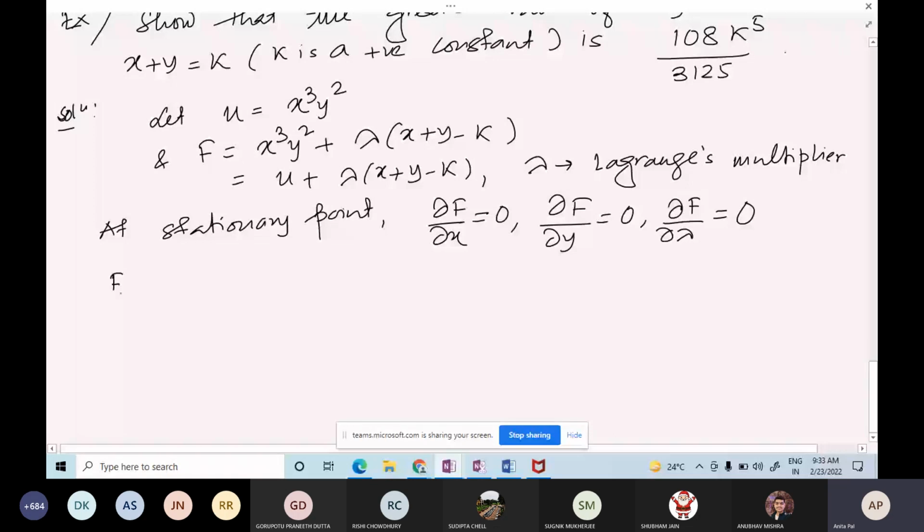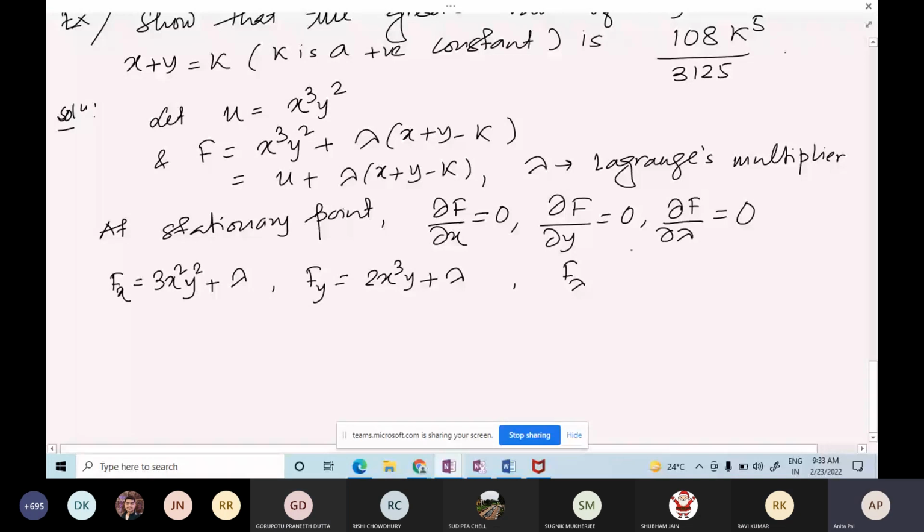Del F del x can be written as fx also. What is fx? 3x square y square plus lambda. Similarly, what is fy? Fy will be 2x cube y plus lambda.